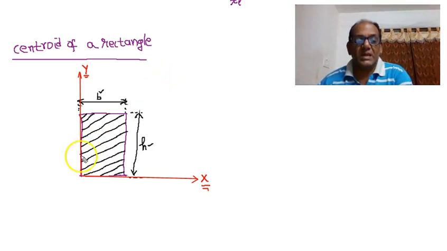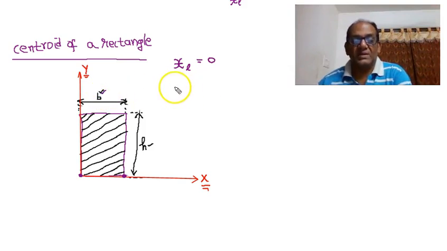Now we see that the leftmost point is located over here, so the X coordinate of the leftmost point is 0, and the rightmost point is located over here at a distance of B from the Y axis, so XR is B. So your limits of integration are from 0 to B.